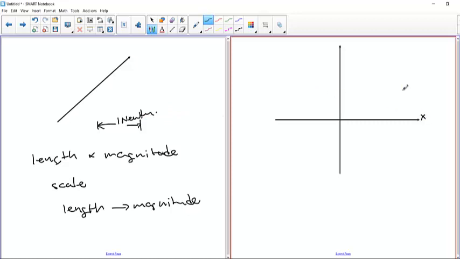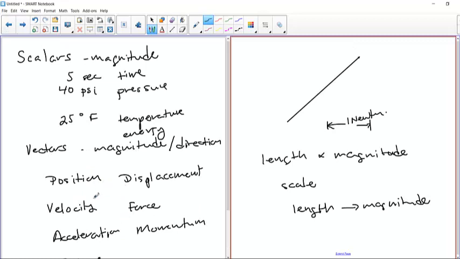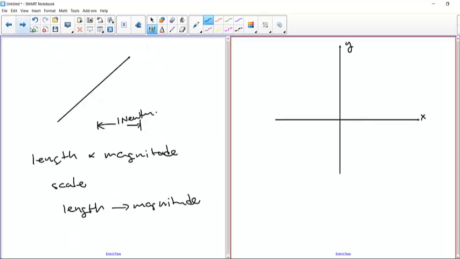So you've got this coordinate system, x, y. So even going back to these different vectors, all of these are going to have an x and y and possibly z component.